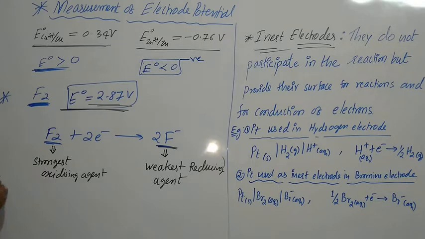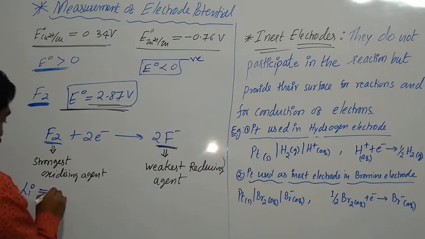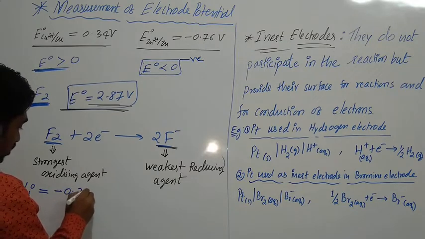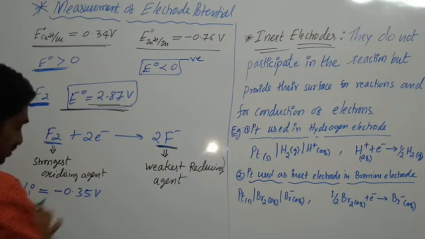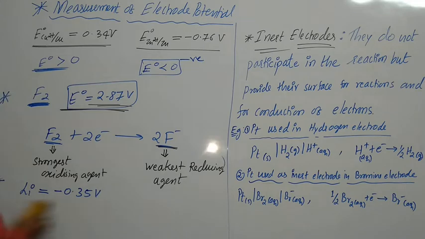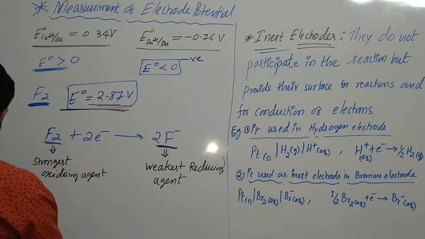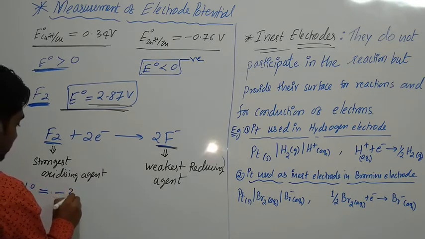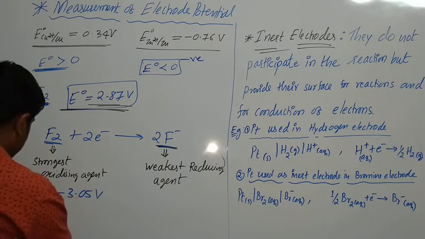And also one more thing, the standard electrode potential of lithium is lowest. It is around minus 3.05 volt.